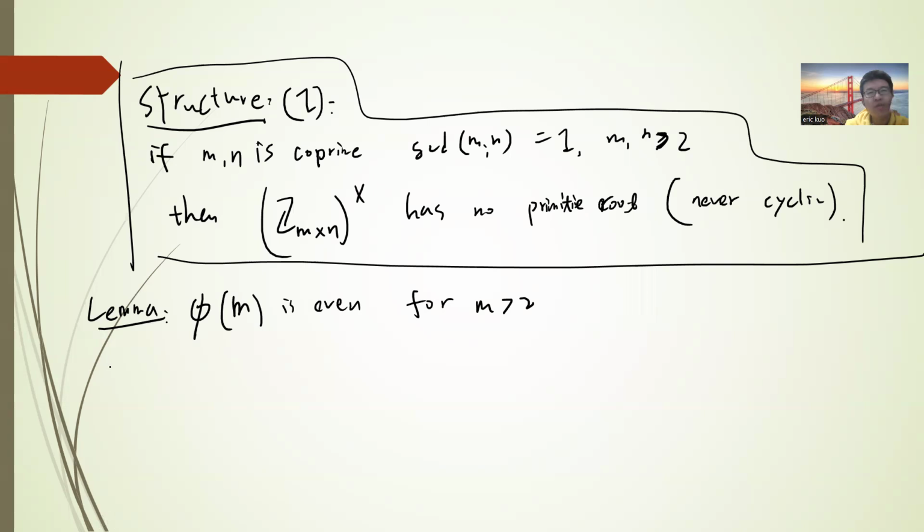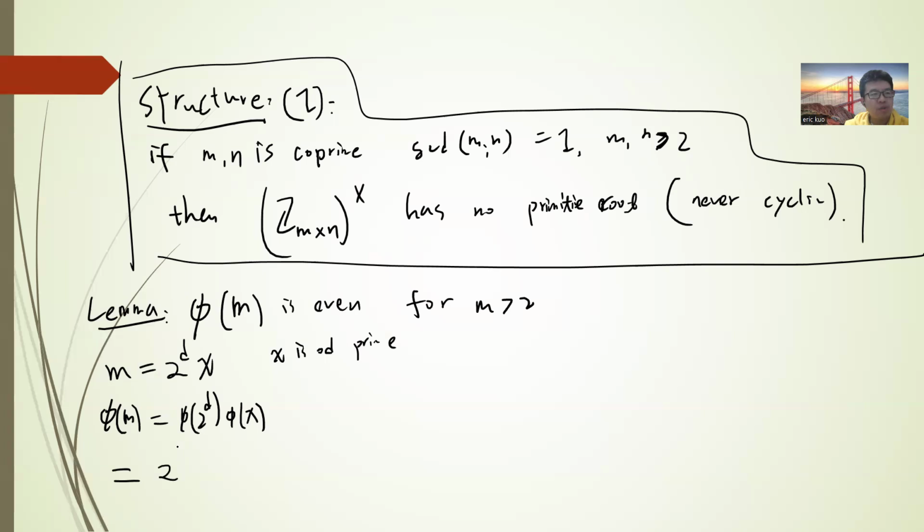Notice that I can always write M as 2 to the D times X, where X is odd prime. So phi(M) will be phi(2 to the D) times phi(X). Notice that phi is multiplicative, so this will be 2 to the D minus 1 times phi(X).